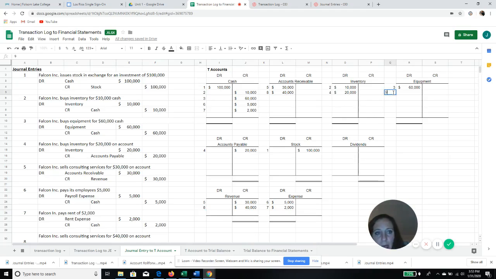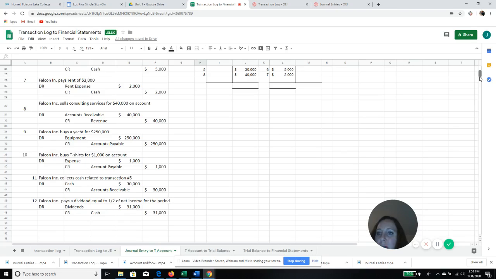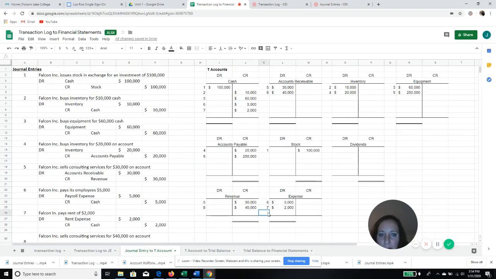So for 9, I'm going to put 250 under the debit side, and then we credited accounts receivable for 250,000. So I'm going to put 250,000 on the credit side. Transaction number 10, we debited expense for 1,000. And we also credited accounts payable. So I'm going to put 1,000 on the credit side of accounts payable.